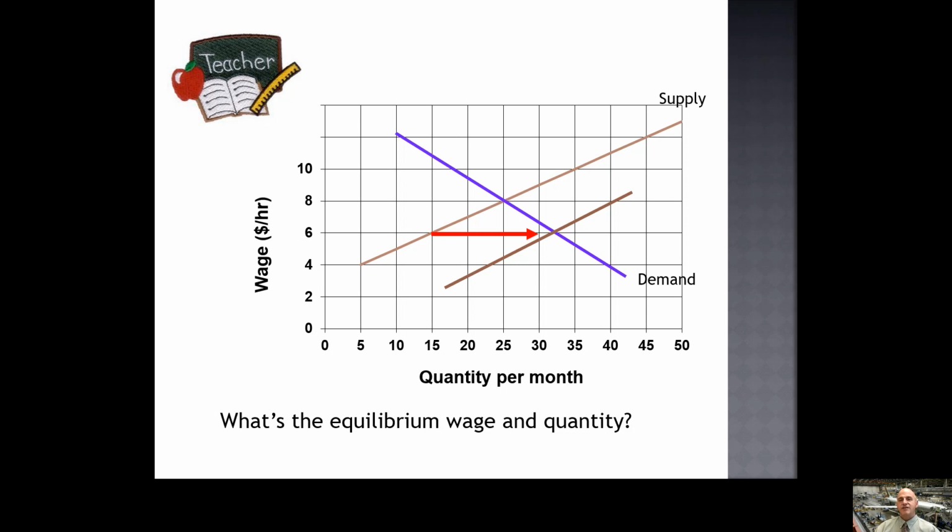Now, I would ask this question: what if the demand for teachers were to increase? For example, what if our country said every teacher in K through 12 will have class sizes of no more than 4 students? We would have a huge increase in the demand for teachers.